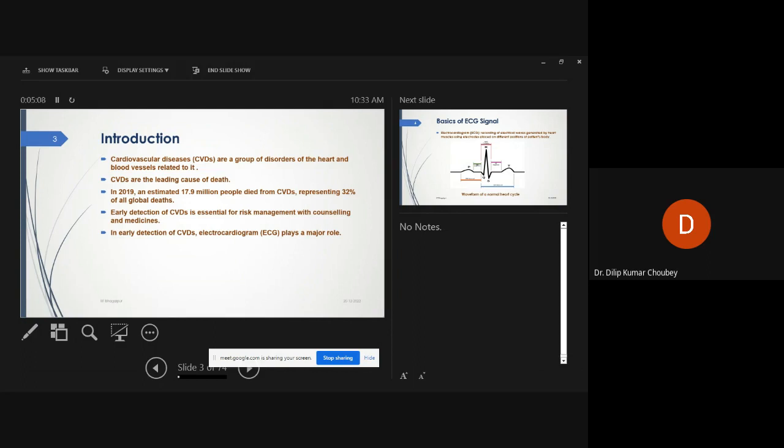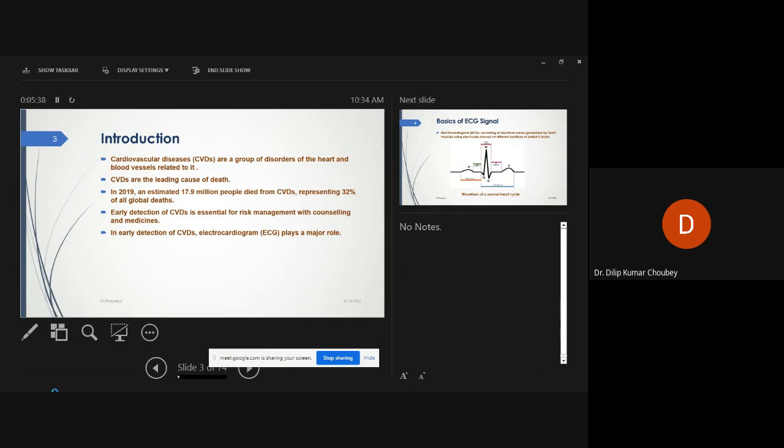So cardiovascular diseases are increasing exponentially nowadays, and as per the World Health Organization, they are the leading cause of death. If you see the statistics, in 2019 about 17.9 million people died due to cardiovascular diseases, which constitutes 32% of all global deaths. So you can assume how this is increasing exponentially.